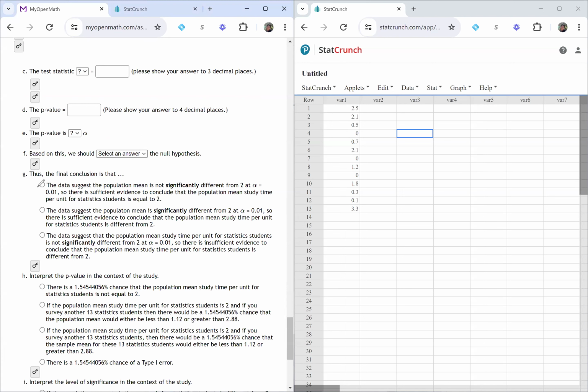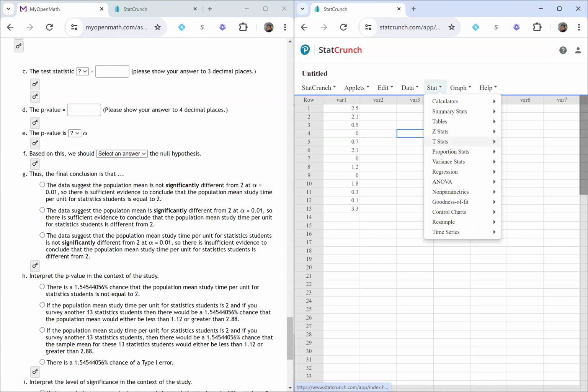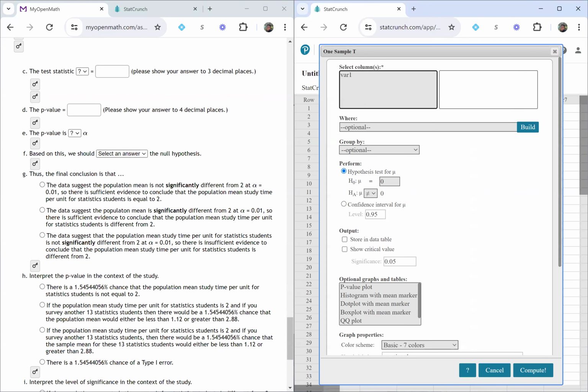The test statistic is what we want to know, the t statistic. You can see over here, I've already typed all the data values into one column on StatCrunch. From here, I'm going to go to Stat, T Stats, One Sample, With Data, because I've already typed in that data.